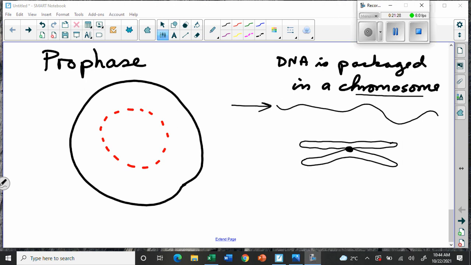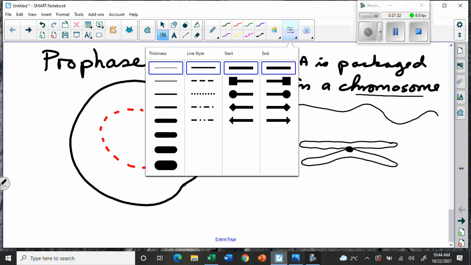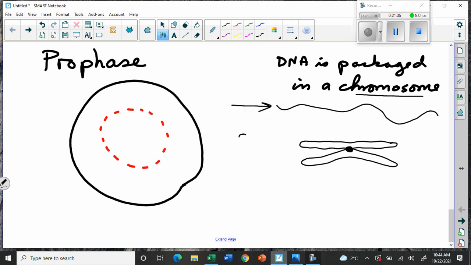So we still call it a chromosome, even though it's got two copies, but we give names to the parts. So the copied chromosome, each part is called a chromatid. Let me just rewrite that. A chromatid. So that's one chromatid on this side, and this is one chromatid on the other. Okay? Chromatids, we call them sister chromosomes.